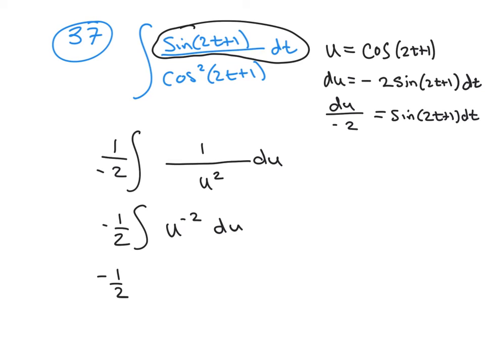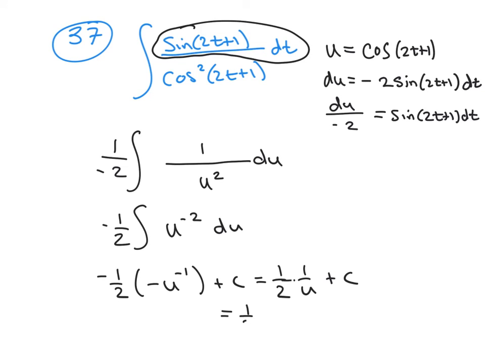So this would be negative 1/2 times negative u to the negative 1 plus c, which equals positive 1/2. Let's just write it as 1 over u plus c, and then we'll replace what we have with a u.